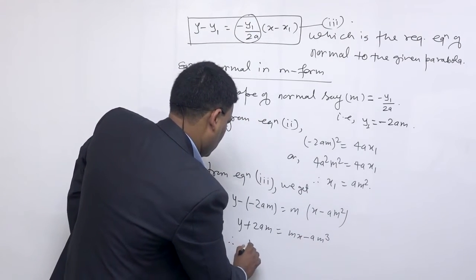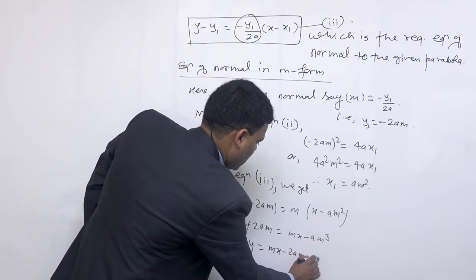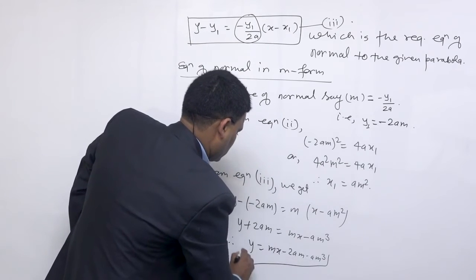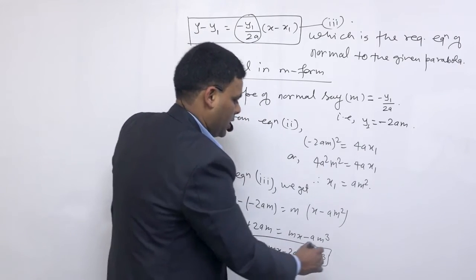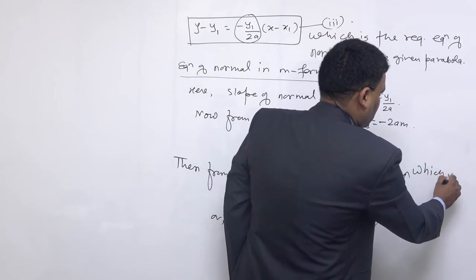Therefore y equals to mx minus 2am minus am cube, which is the required equation of normal in m form.